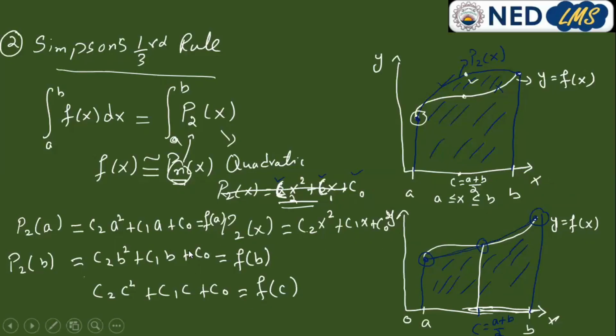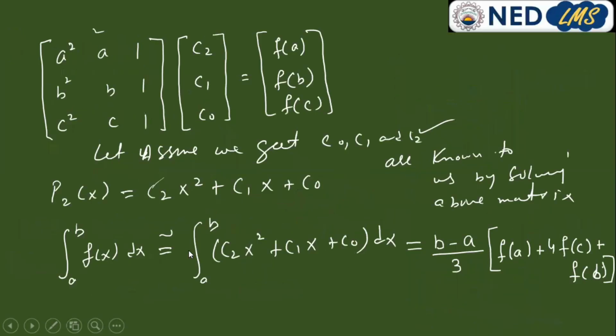This gives us three conditions, which lead to a matrix of 3 by 3, where c0, c1, c2 are unknown, and the rest is known to us. We can solve it and we will get c2, c1, c0. This is the same polynomial as the last slide, but now c2, c1, c0 are known to us.